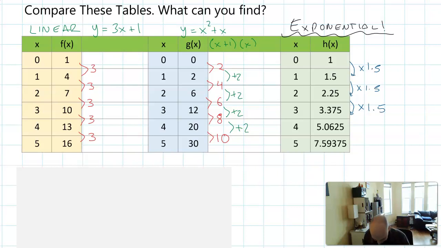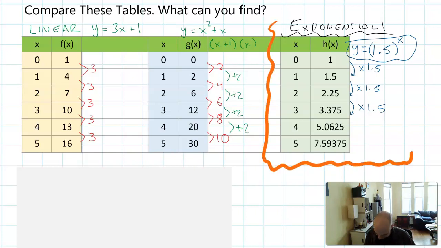So an equation for this might be 1.5 to the x. I think it's just that simple one because we start with x equals 1 and h equals 1.5. So that seems like a pretty basic, good exponential equation with a base of 1.5. And like I said, this is the topic of the video today.